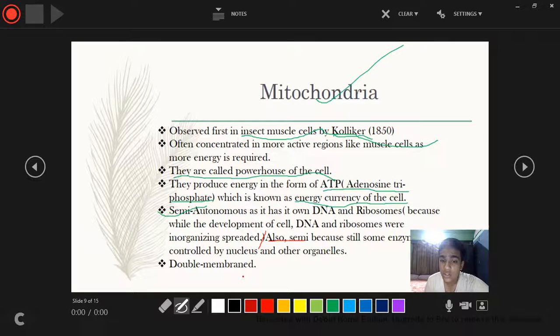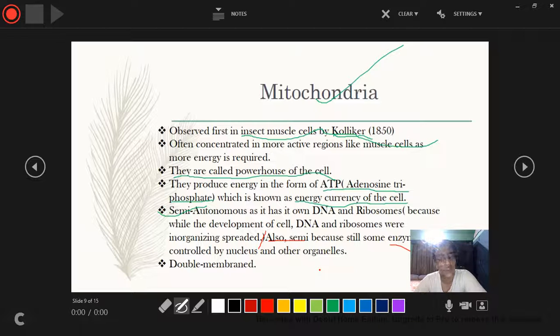Why semi? It is semi because still some enzymes are controlled by the nucleus and other organelles. We can also say controlled by organelles like the nucleus, but here it is not said because the nucleus is a structure.